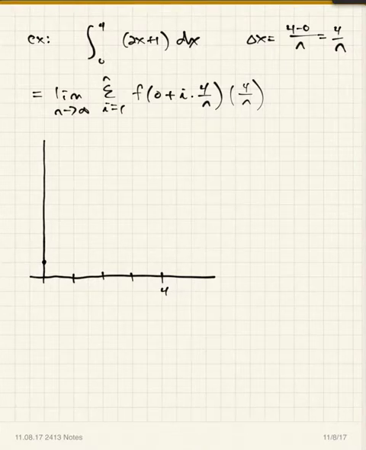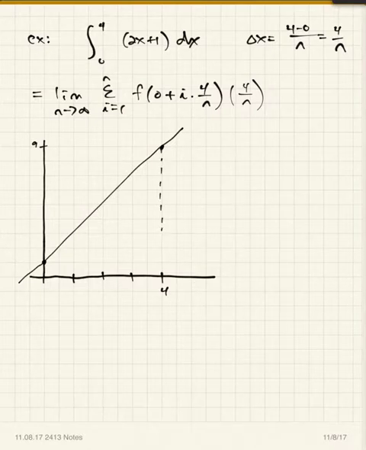And at 4, you're at 9: 2, 3, 4, 5, 6, 7, 8, 9. Here's 9 right here, so we're up at this spot. And so we're looking at this line, and the area bounded by that line and the x-axis, between 0 and 4.